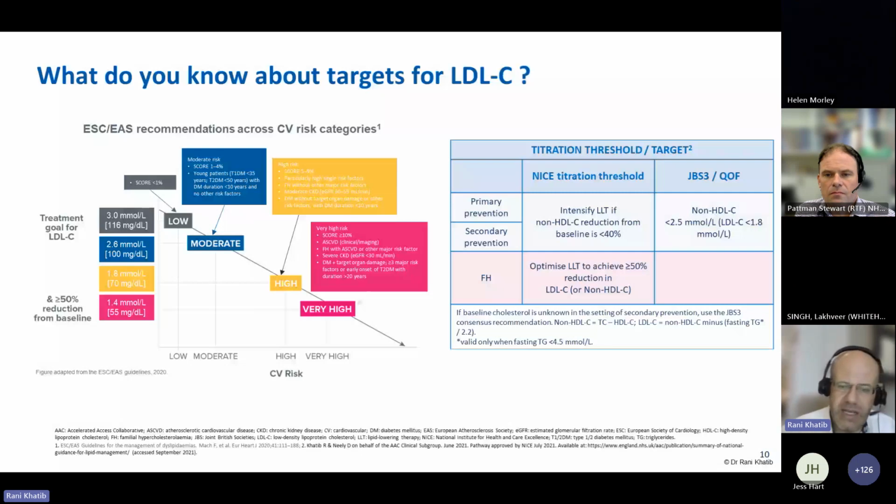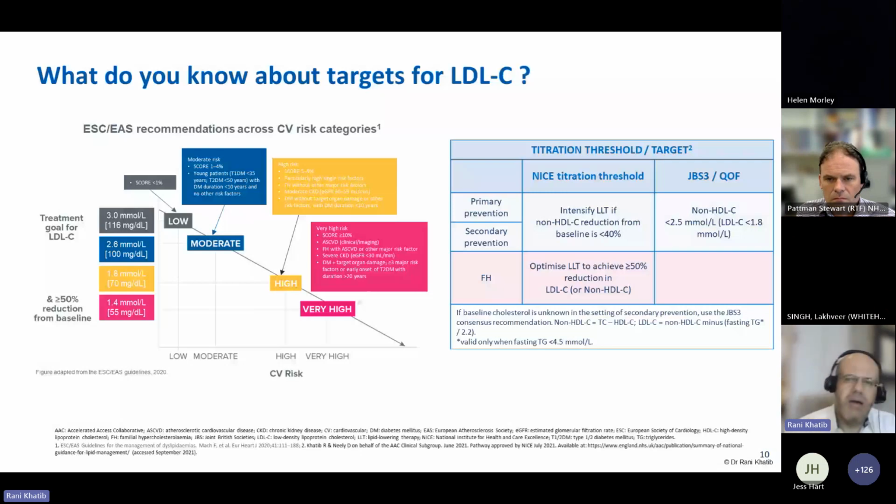Now, you'll notice in the national lipid pathway we have chosen the JBS3 target, which is less than 1.8 for LDL cholesterol and less than 2.5 for non-HDL cholesterol. For FH, we tend to be a bit more aggressive, and NICE specifically recommends a 50% or more reduction in LDL cholesterol, at least in non-HDL cholesterol.